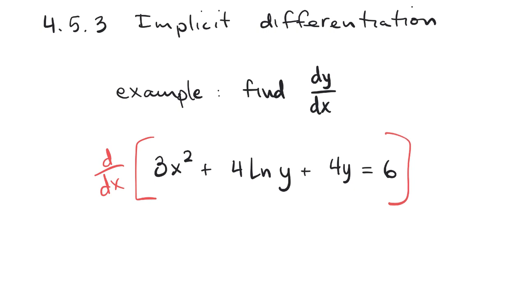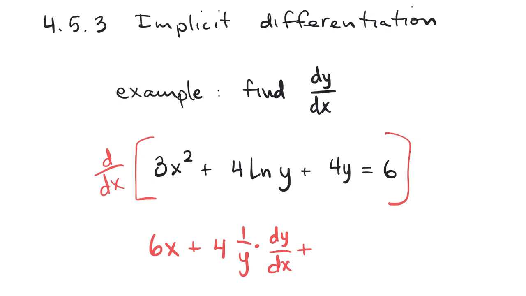So the derivative of 3x squared is 6x. The derivative of 4 times the natural log of y: 4 is the coefficient, so it stays a coefficient. Now, the derivative of natural log of something, remember, is 1 over that something multiplied by the derivative of that something, which is the derivative of y, dy dx.